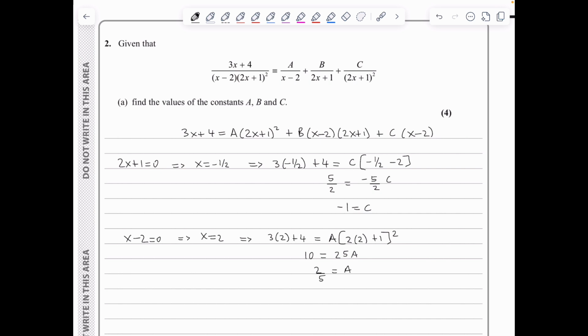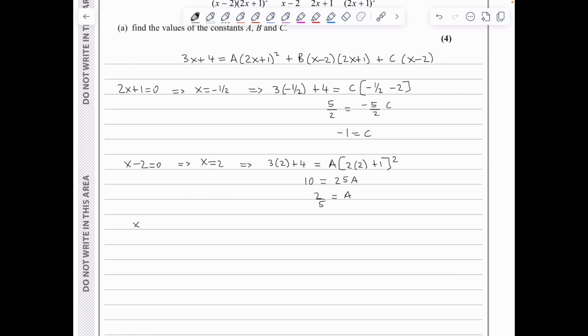and we are running out of nice values for x, so I will simply put x is 0. So if we put x is 0, we get that 3 times 0 plus 4 is equal to a times (0 plus 1) squared plus b times (0 minus 2) times (2 times 0 plus 1) plus c times (0 minus 2). So this leads to 4 is equal to a minus 2b minus 2c.